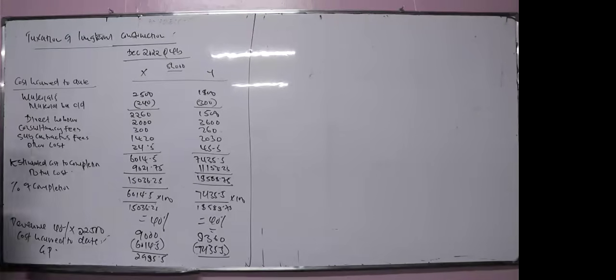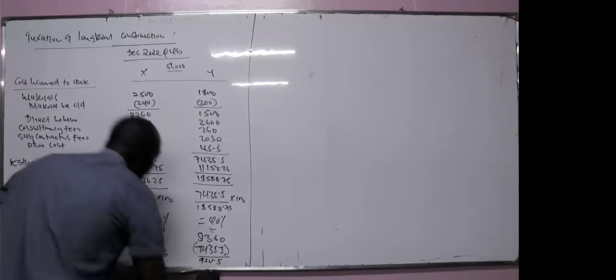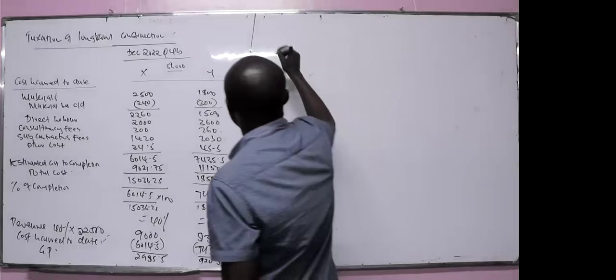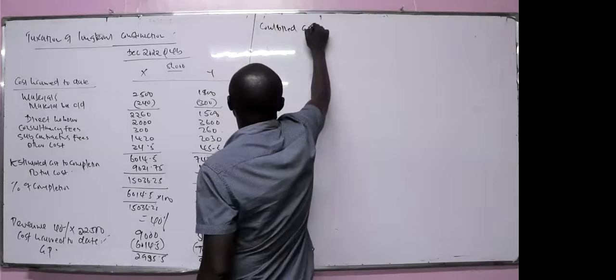And then we get the gross profit. 2985.5. This other one, 94, 924. Now, because the expenses have not been apportioned, we get the combined gross profit. Combined GP.